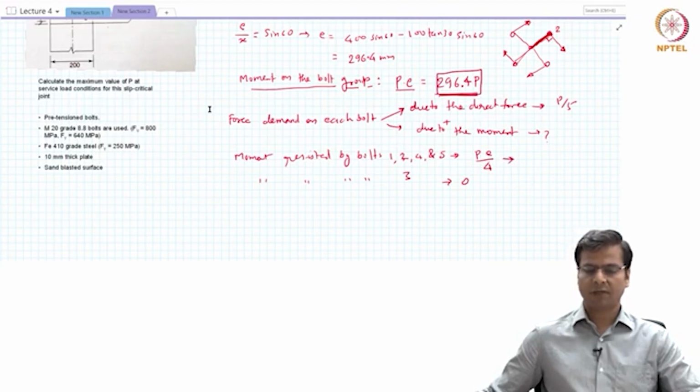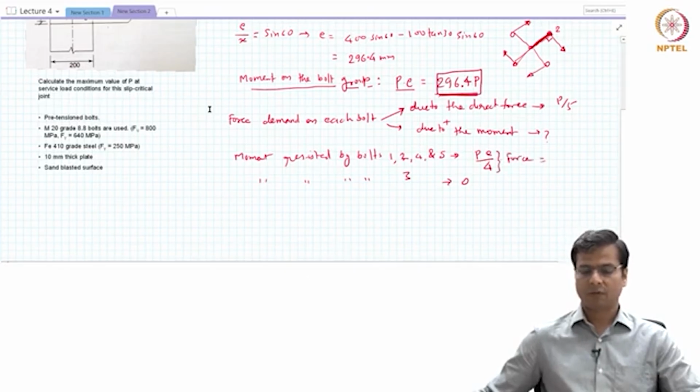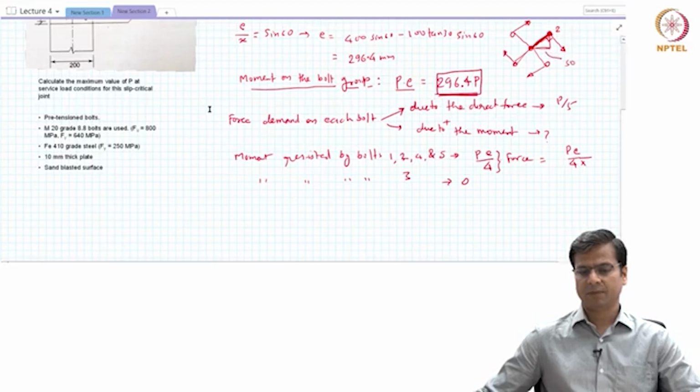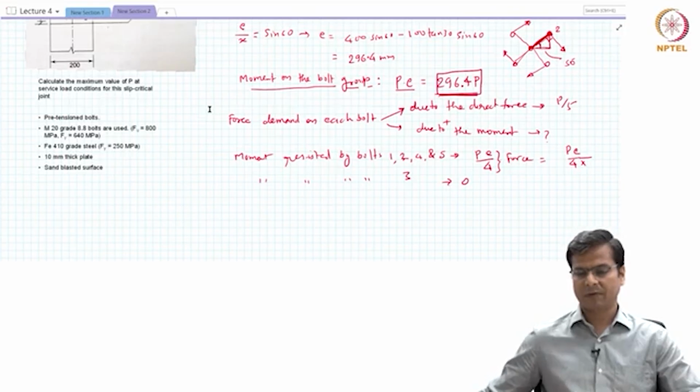And how much force will it introduce in each bolt? Because of this, the force will be equal to PE divided by 4 divided by the distance of the centroid from the bolt. So what is that distance? We know horizontal distance, which is 50 millimeters, and vertical distance is also 50 millimeters. Therefore, this angle is 45 degrees, and the actual distance from the centroid would be 50 multiplied by square root 2.